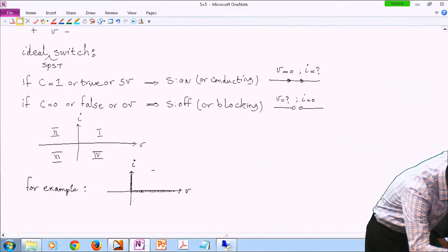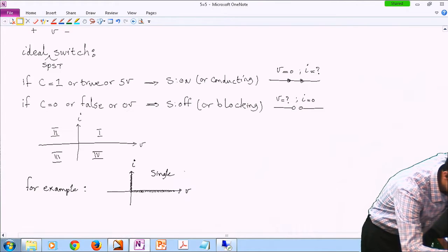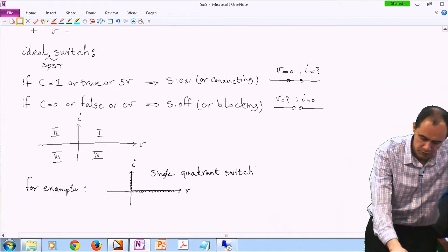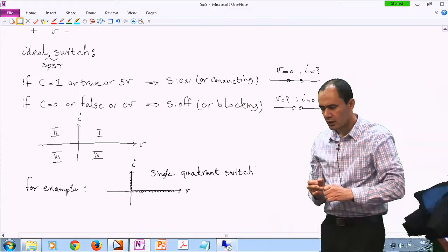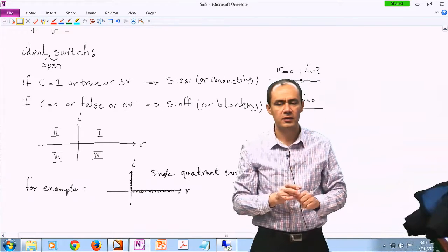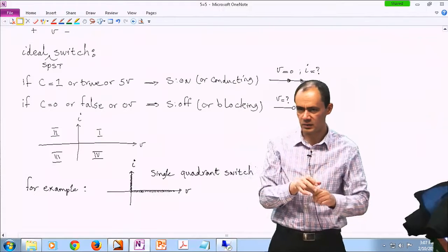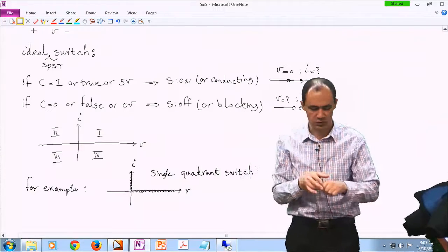Okay, single quadrant switch. Now remember, later on, sometimes you may think about taking your switch out, flipping it, and putting it back in. So in that case, both currents and voltages are going to be reversed.